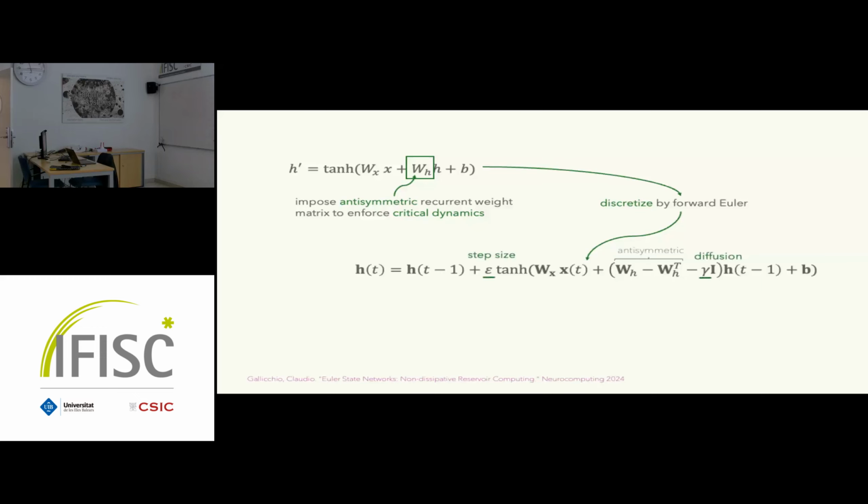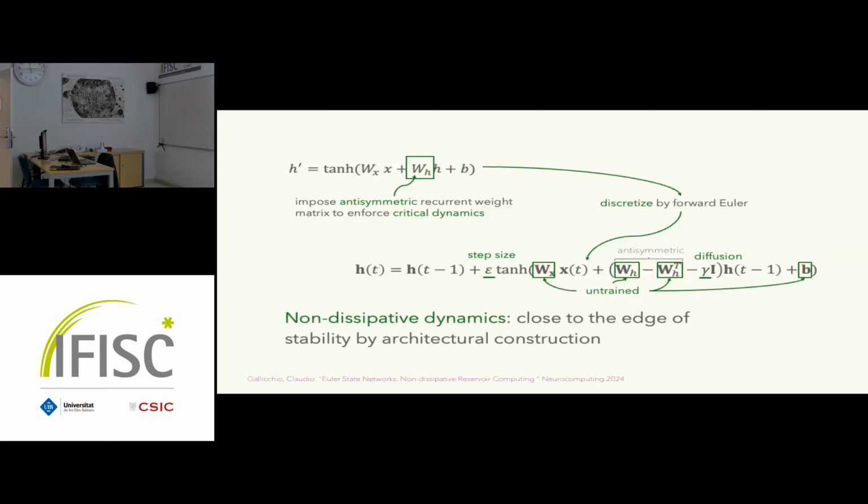Okay, there are a few hyperparameters like the step size of integration and the diffusion for stability reasons. But the point is that, again, all of these matrices here and the bias vector here can be left untrained after the initialization. Okay, so now I have a system that operates exactly at the edge of stability. Okay. With some, let's say, some slack given by the hyperparameters that I have indicated.